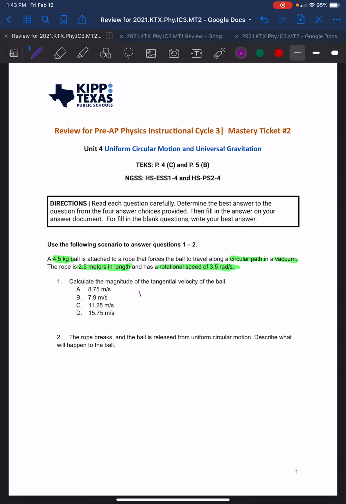It is Vt is equal to R times the rotational speed. So in this case, if we go back up to our highlighted part, our R is equal to 2.5 meters. Our omega, or our rotational speed, is 3.5.